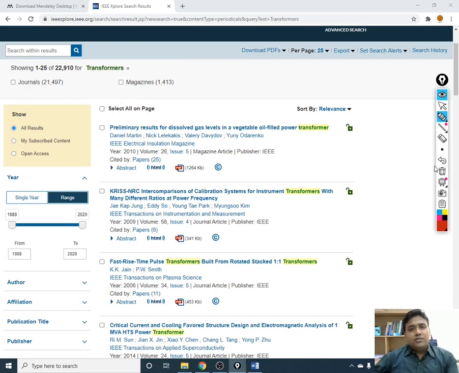But after that you can do one more thing. Here you can see that there is a time period given. Just set an appropriate time period to indicate the current research.